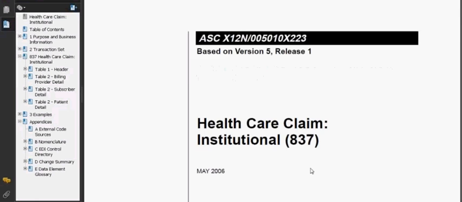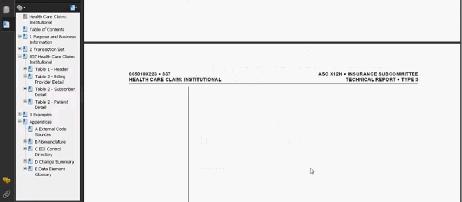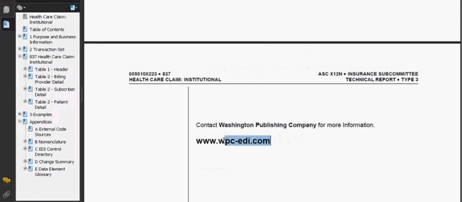So this is a huge document. It's 610 pages, and look here, WPC is a publishing company that is authorized to publish and distribute it to anybody. So it is not free. It is available online, but at a cost.